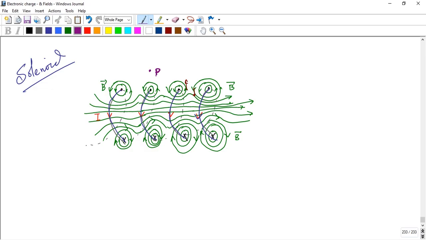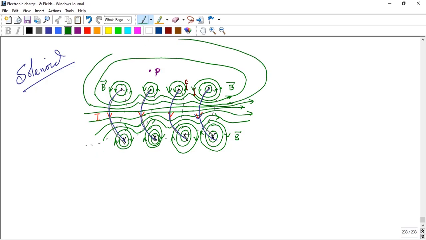What is the magnetic field at point P? The important question. You check that this green color line is joined here, and this line is far behind, joined here. Similar down here.